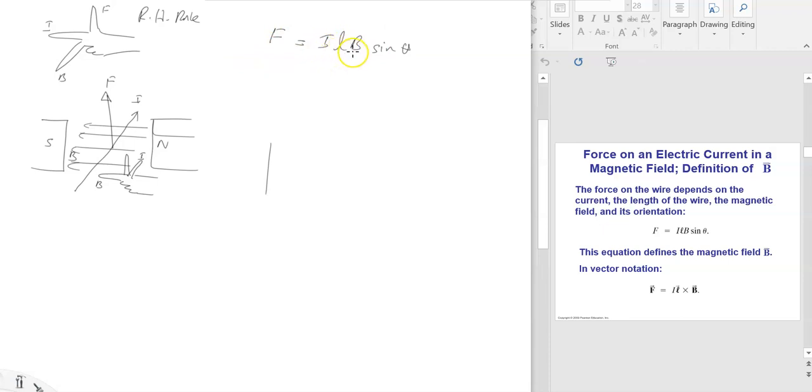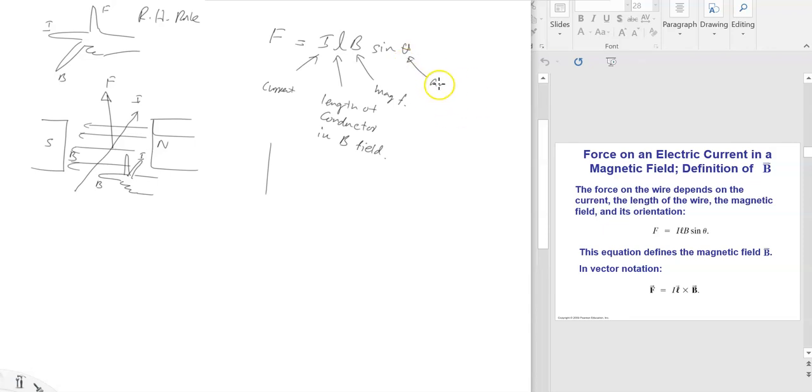L is the length of the conductor inside the magnetic field. B is the magnetic field. Sine theta, this theta is the angle between the conductor and the magnetic field.